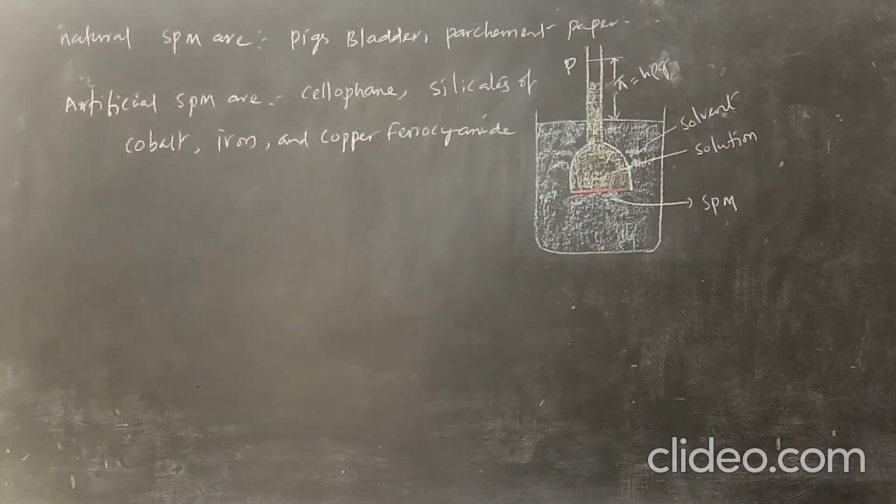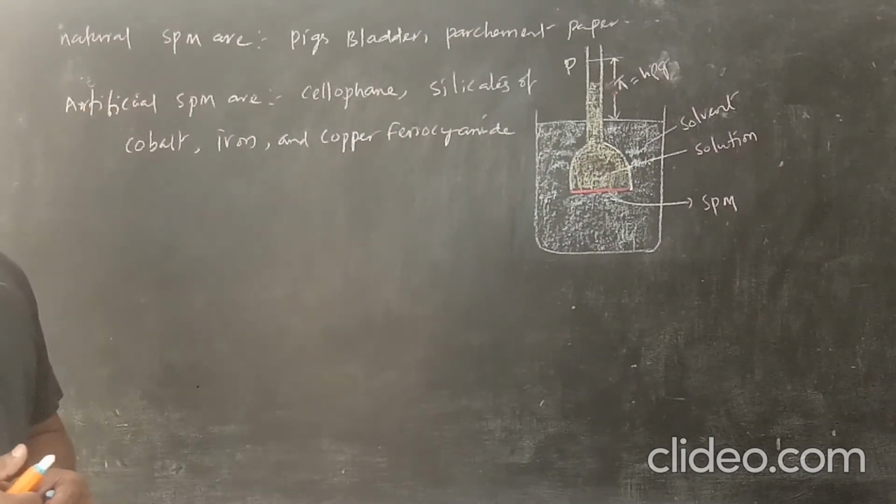So these are the examples for artificial semi-permeable membrane.